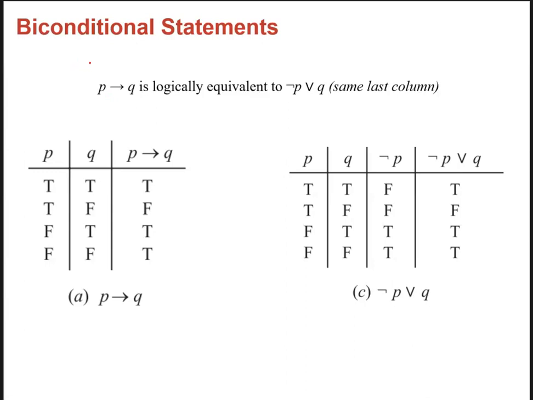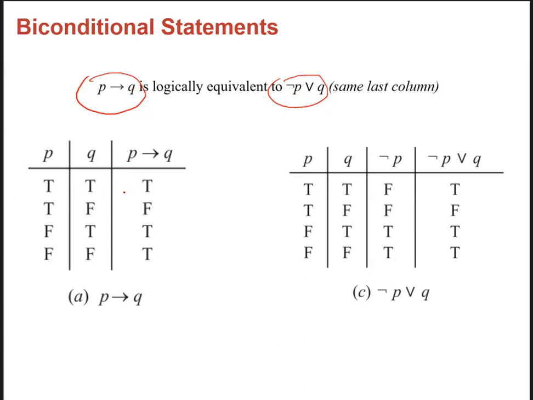Now, these conditional statements that we looked at can be equivalent to other logical expressions. We talked about equivalency in the previous lecture. If you want to show that the conditional statement, if P then Q, is equivalent to not P or Q, you need to draw their truth tables.